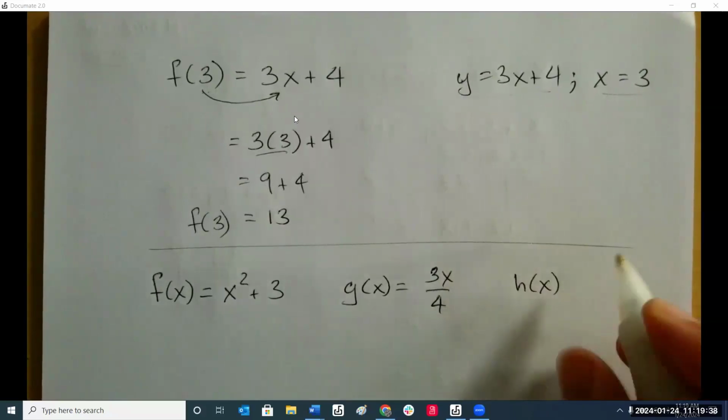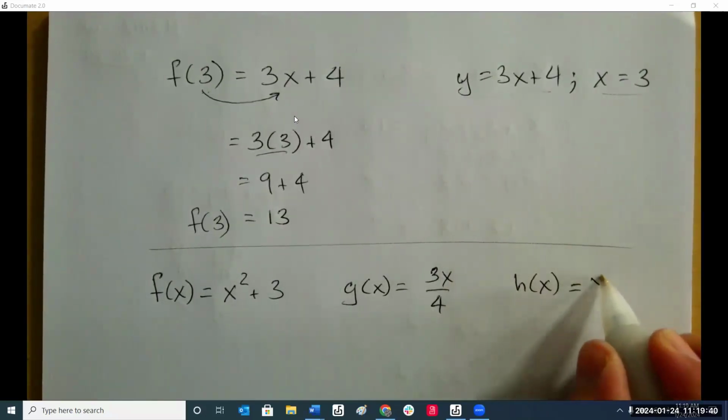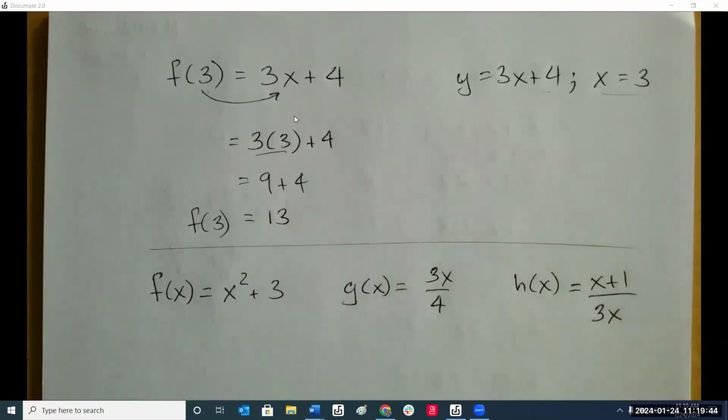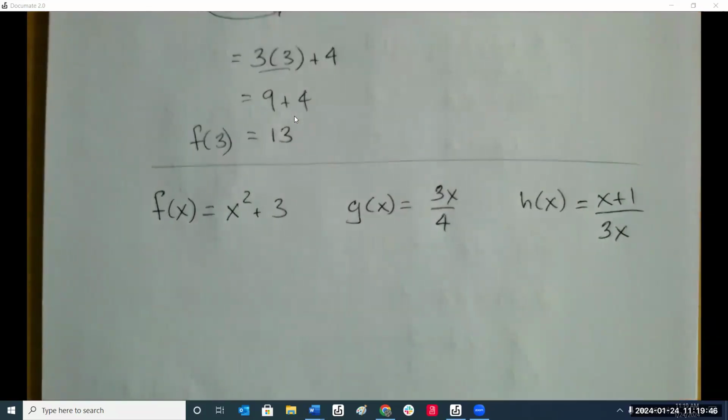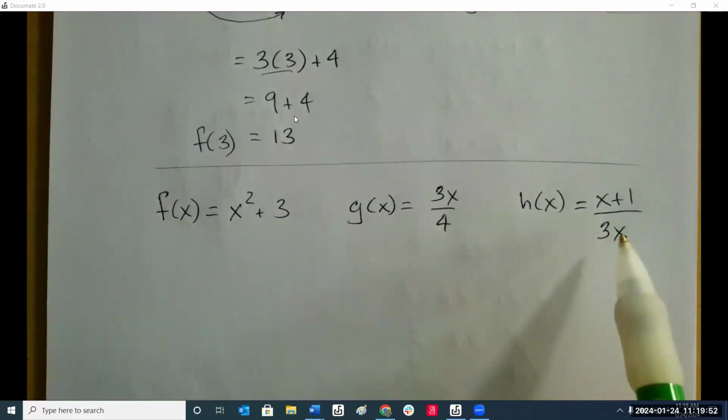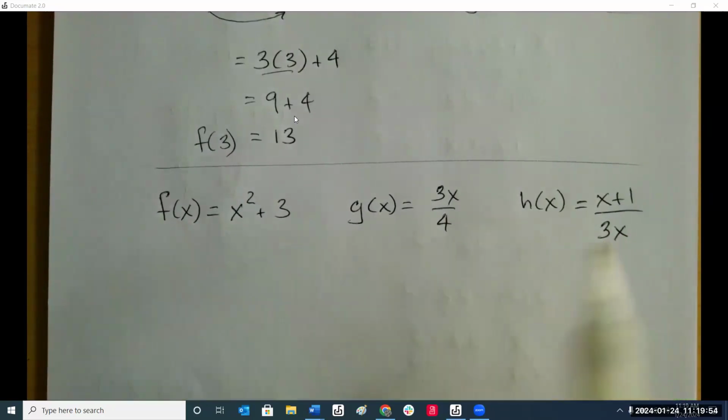I can define any type of equations I want to, any type of functions. Just that once I define the function, it remains that equation until I redefine it.